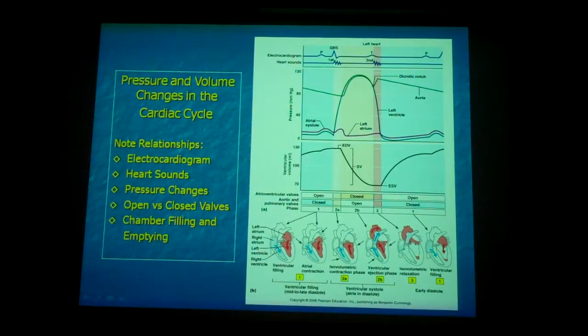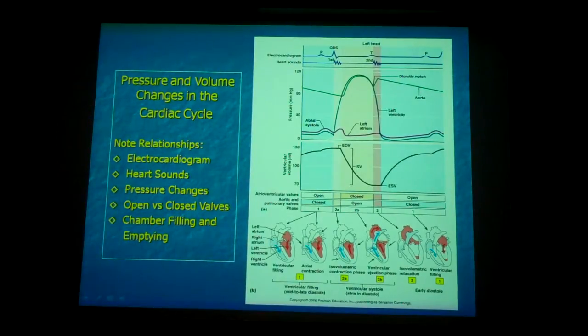All right, so the ventricle is filling in here, isn't it? These things here represent volume change. So EDV stands for end diastolic volume. In other words, this means the volume of blood that's in the ventricle at the end of diastole, just before ventricular systole.